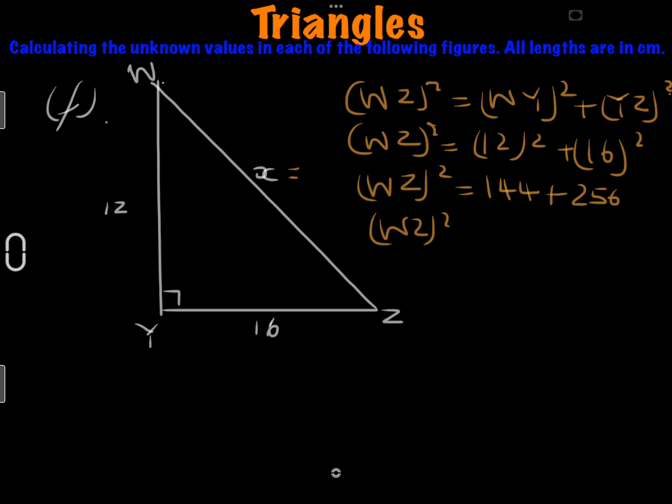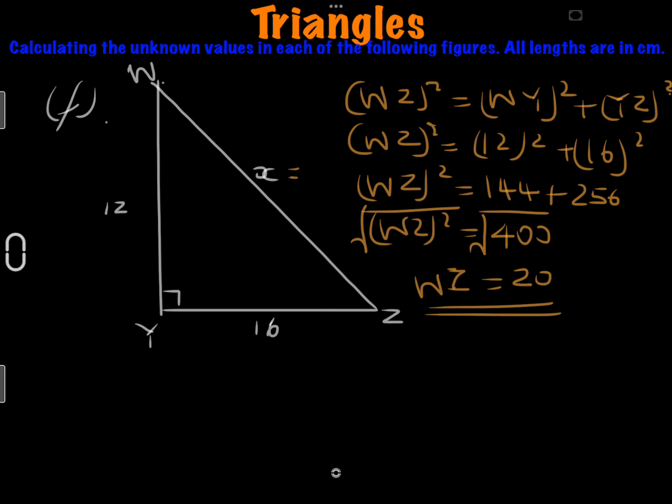So WZ squared is equal to 144 plus 256 gives us 400. If you take the square root on both sides, WZ is equal to the square root of 400, which is equal to 20. So that is 20 centimeters. So we have 20 centimeters here.